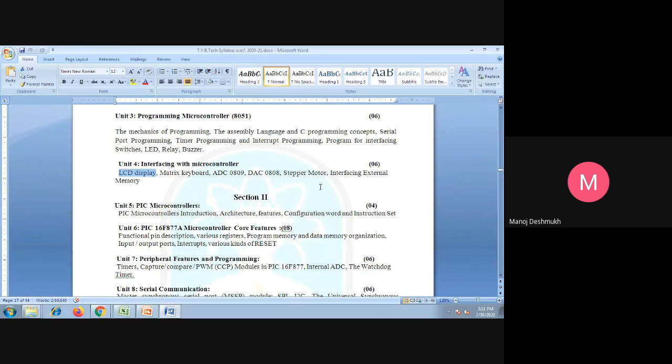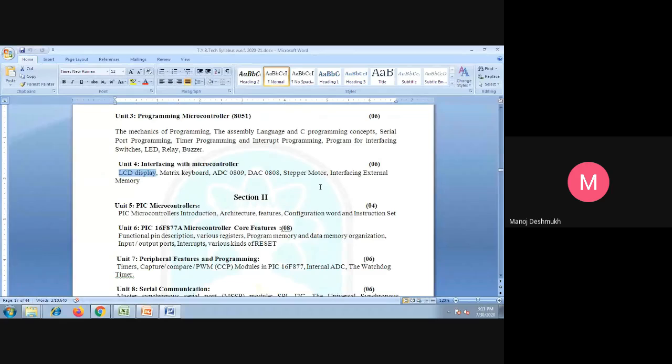stepper motor and external memory is studied.